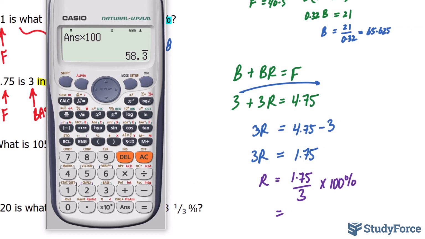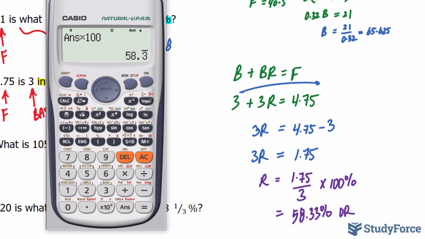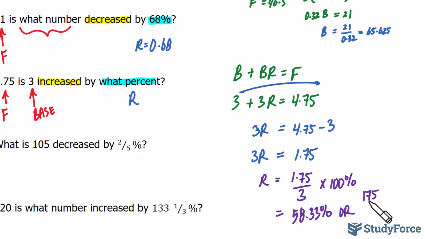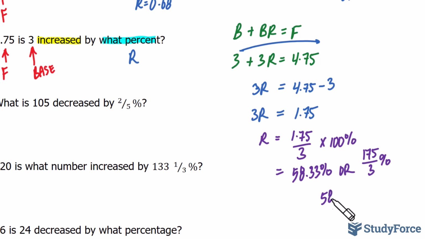So you can write this as a decimal number to 2 decimal places, like this, or using your calculator, if you click SD, you end up with 175 over 3%, which is also allowed but uncommon. Most common is to write it as a mixed fraction, and that's 58 1/3%. So any one of these three is acceptable, depending on the requirements of the question.